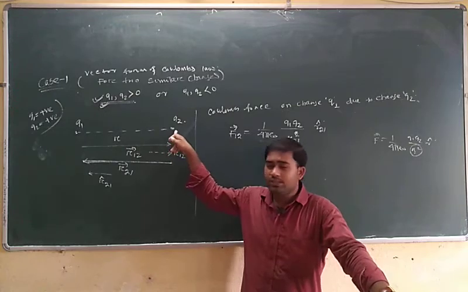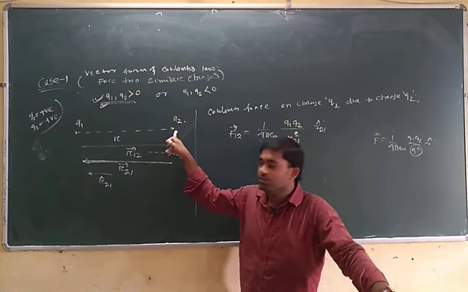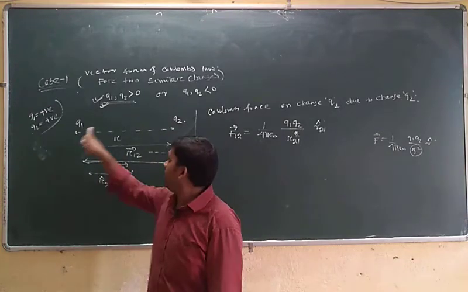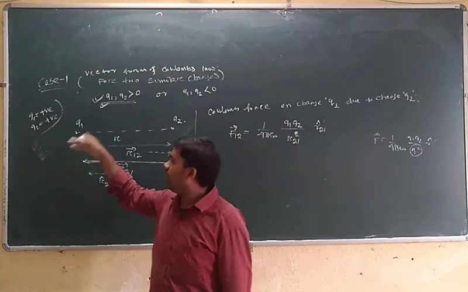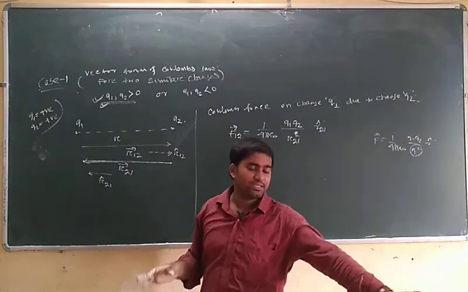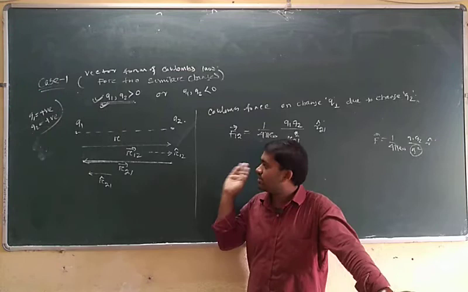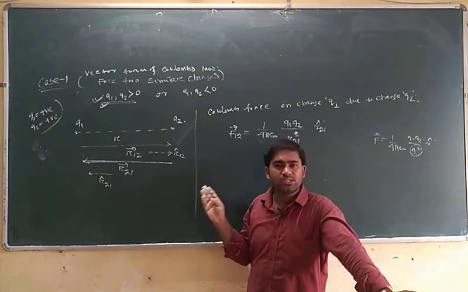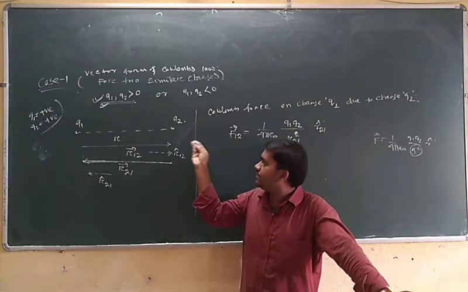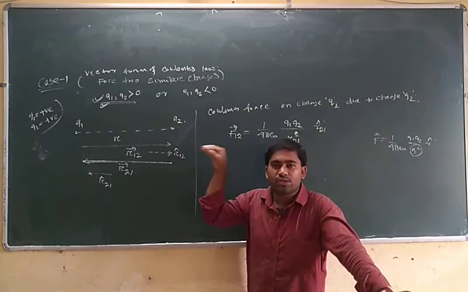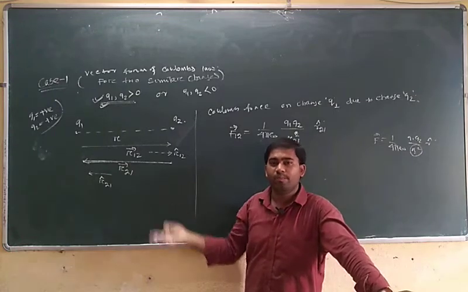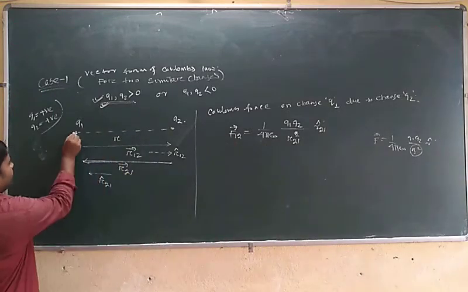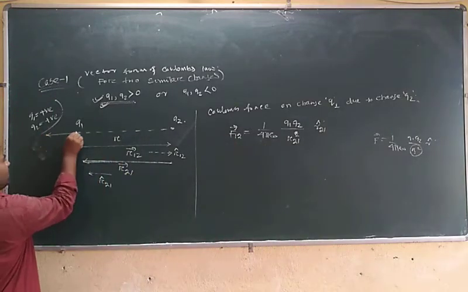The action starts from q2 charge, so when q2 acts on q1, there is a force which exists in repulsive nature, because q1 is a positive charge, q2 is also a positive charge, and force between two positive charges is repulsive. When we start action from q2 to q1, there is a repulsion, or movement of q1 charge away from the q2 charge.